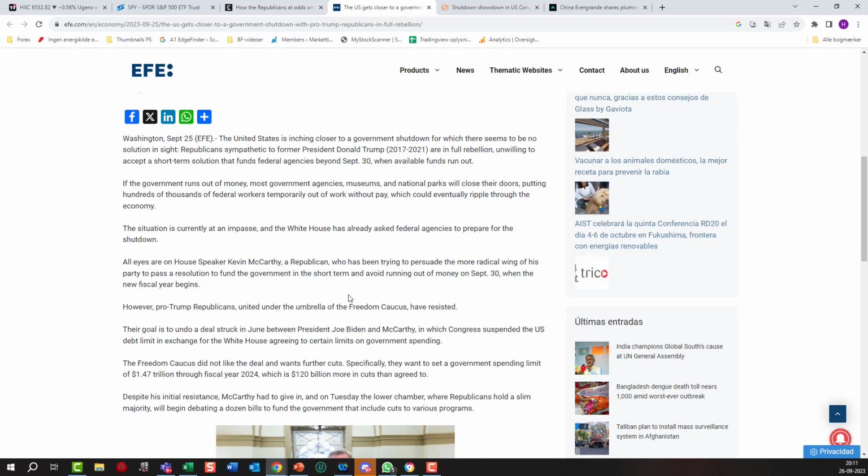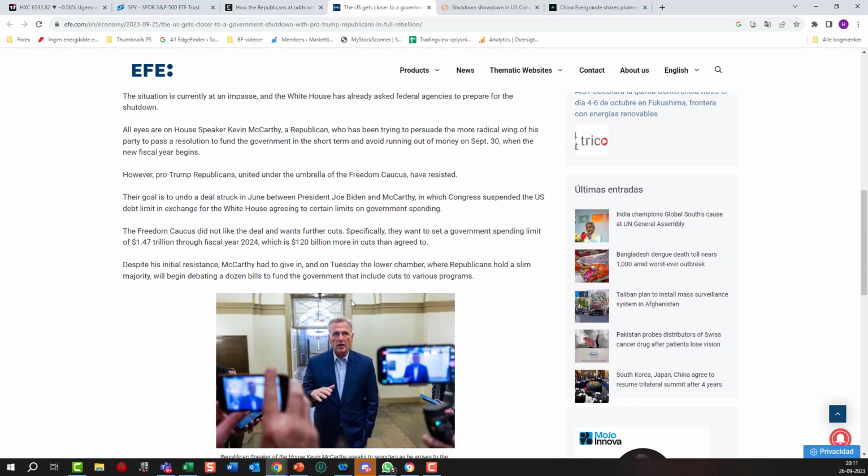You could say, well, if there are only 20 people in this Freedom Caucus of these MAGA extremists, could the rest of the Republicans not just vote for the budget and that could go through? And as far as I can read, yes, they could. However, these 15, 20 people then have the ultimate right to kick Kevin McCarthy out as Speaker of the House, meaning that the House will be without a Speaker.